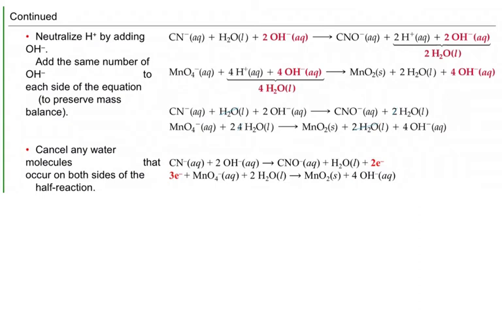Here are the 2 added to this half reaction, and you can see the 4 added to this half reaction here. And if you want, pause this so you can see the steps. Okay, but I'm not going to do it this way. What I'm going to do is go back to where I had it, and I'll let you take a look at the progression here.